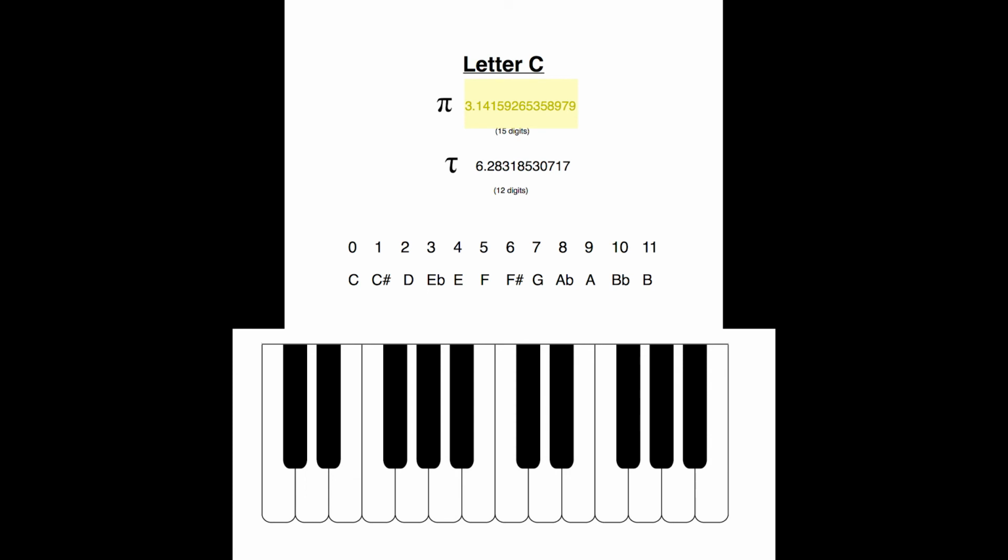I used that system and the numbers of tau to come up with the melody that I played on the bass clarinet, the thing that's kind of going on in the background. So since this is based on the chromatic scale, that's kind of why it sounds kind of outside or atonal. There's really no tonal center in that section.